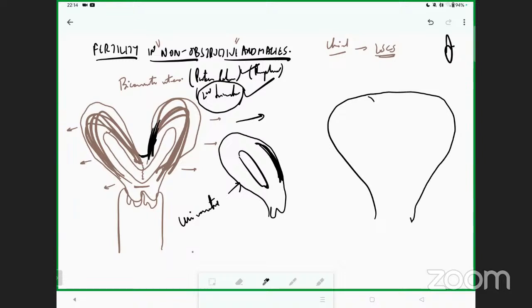It was supposed to get absorbed completely. Okay, but you know what? The majority of the muscle got absorbed and only some fibrous part remained, which gives rise to the formation of a fibrous septum. In some cases, that doesn't happen. The muscle also remained. Along with the fibrous part, the muscular part also remained. It gives rise to the formation of a muscular septum.